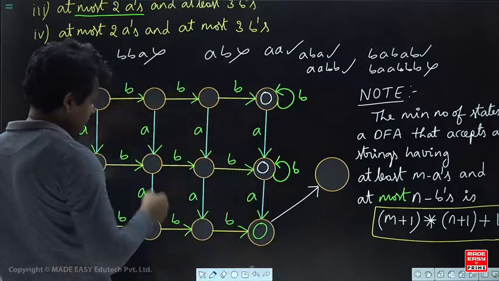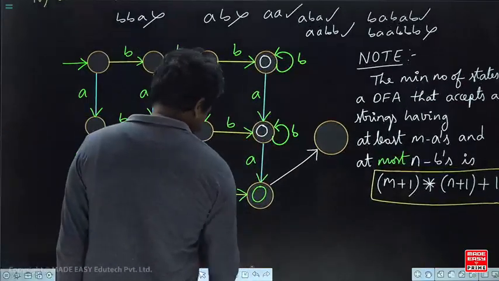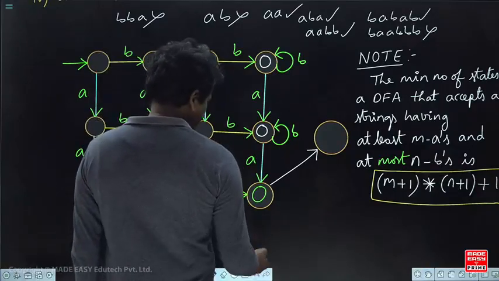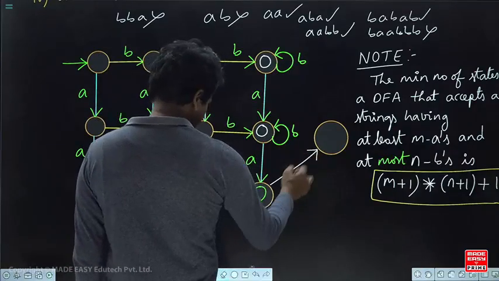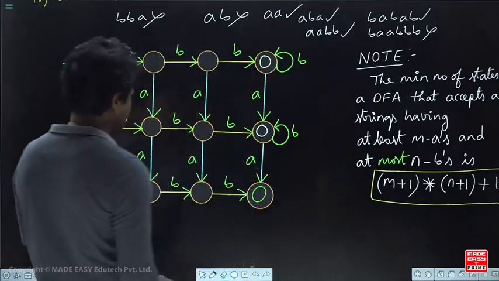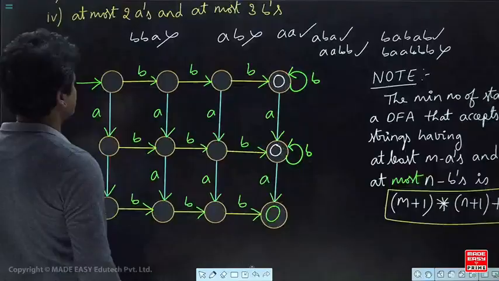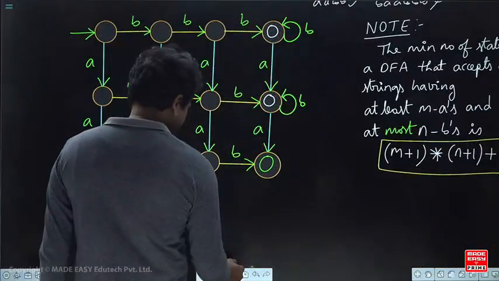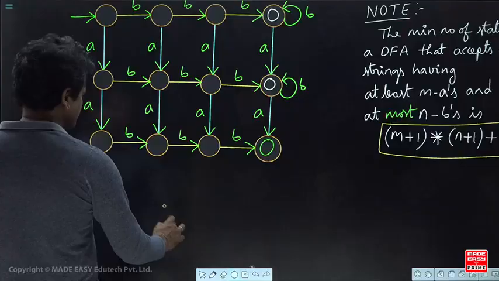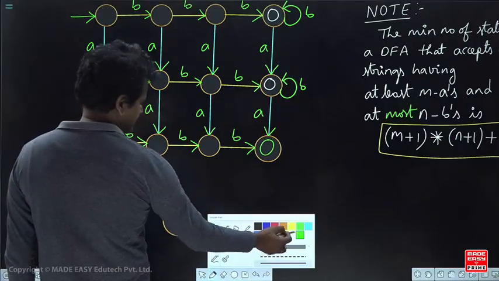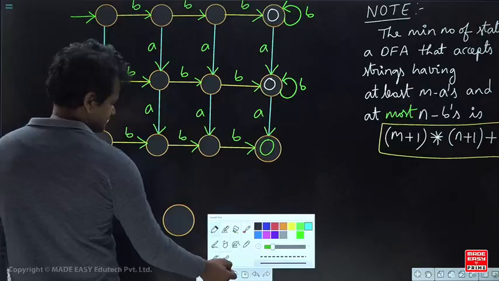Now, if A's are more than 2, because at most 2 A's, A's cannot be more than 2, go to trap state. Are you following?